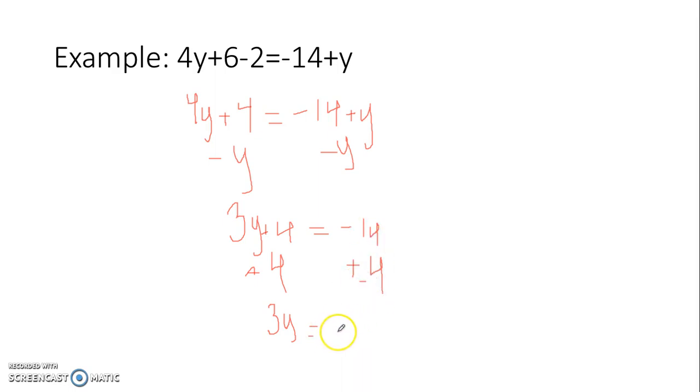So negative 14 plus negative 4 is negative 18. And then finally, last step, divide both sides by 3. And our final answer is going to be y is equal to negative 6. Okay, and then don't forget to check your work.